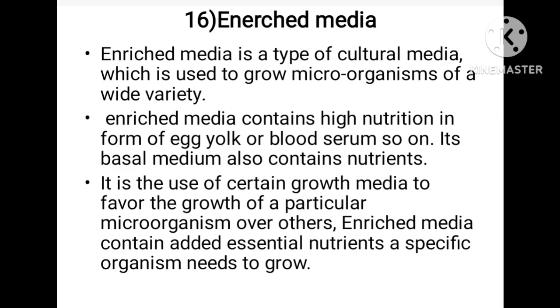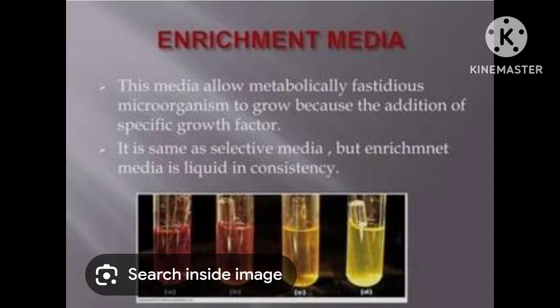Enriched media contain added essential nutrients specific organisms need to grow. It is prepared by adding additional substances like blood serum or egg yolk to the basal medium.